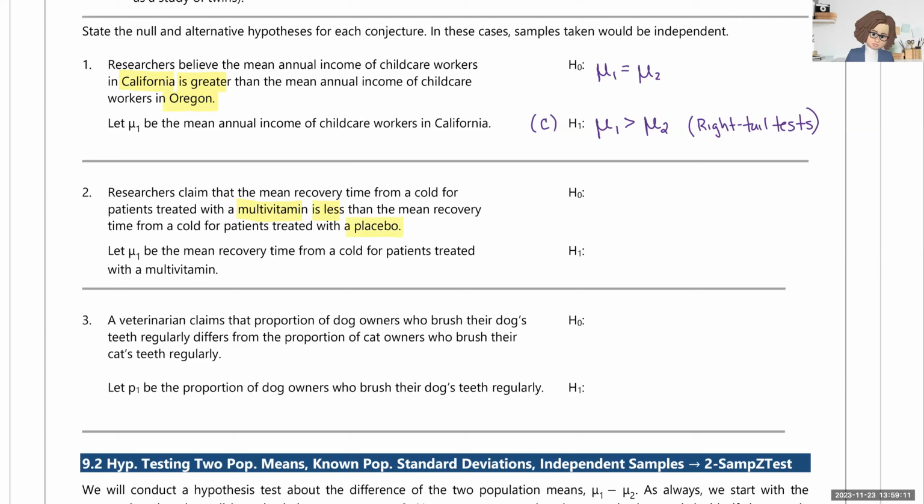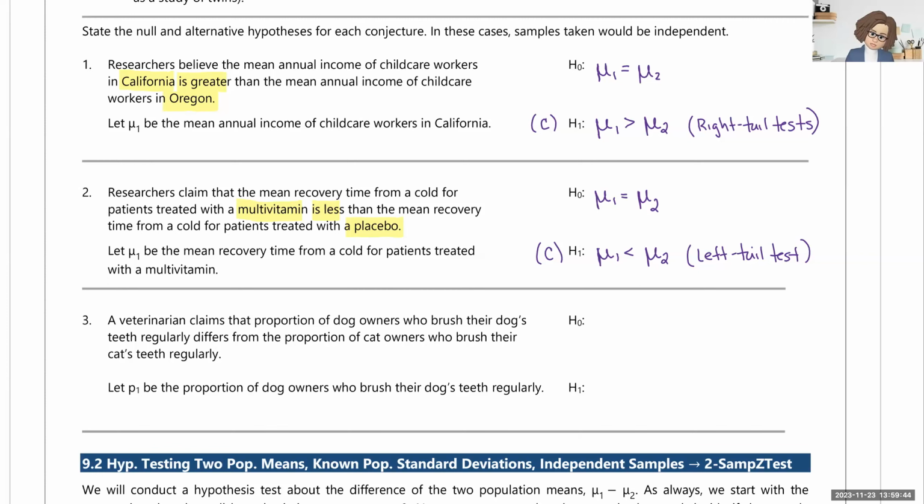All right, so we'll let mu1 be our first population, the multivitamin users. So our claim is that the mean for multivitamin users is less than the mean for those receiving a placebo. So that less than makes us a left tail test. And the null hypothesis is always a statement of equality.